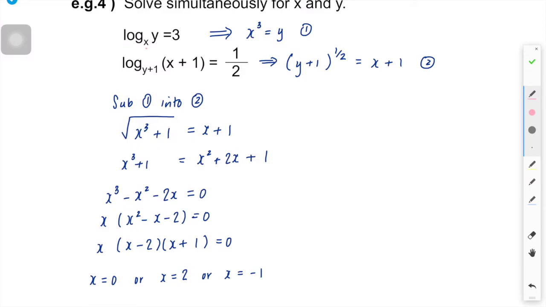So that means I cannot accept this value. When x is equal to 2, that's fine in both equations. And when x is equal to negative 1, well, negative 1 plus 1 in equation 2 gives you 0. Log of 0 doesn't exist. So this is also extraneous.